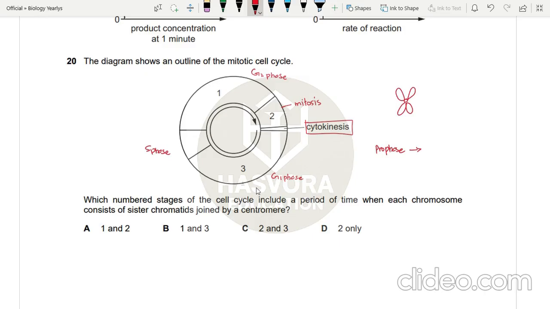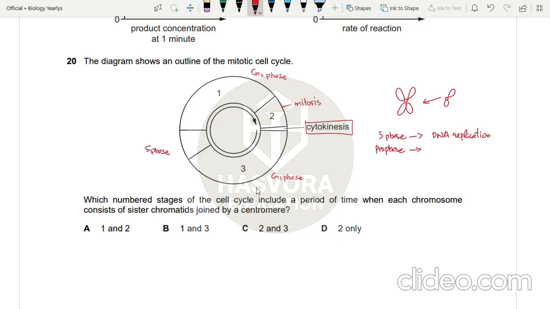Before the S phase only one chromatid is present. In the S phase, DNA replication occurs. Although this converts into this, it is actually one chromosome. You should have this idea.